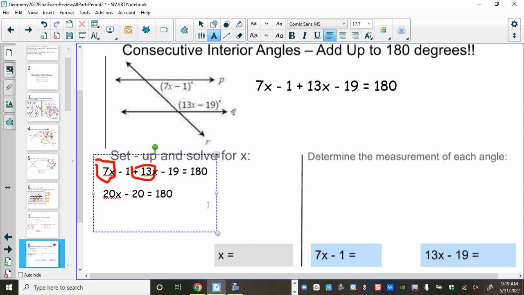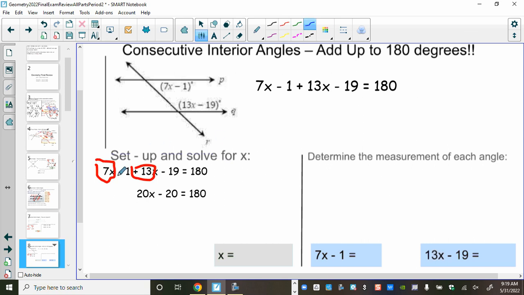You should have 20x minus 20. It's a -1, -19, same side of the equal sign. You get -20. Now, are we at a point where we can solve for that x?